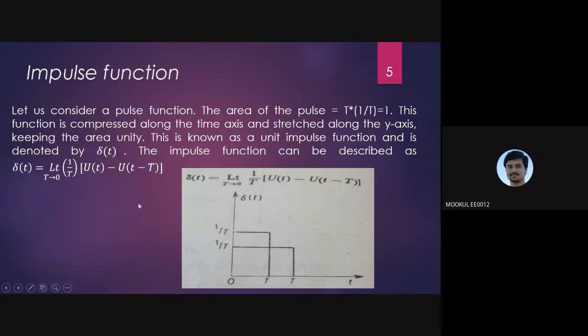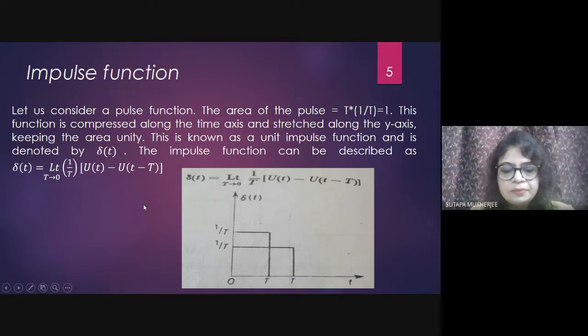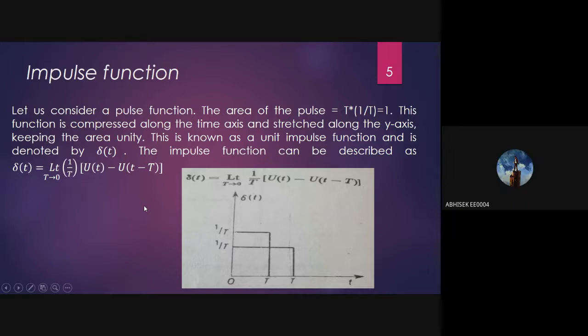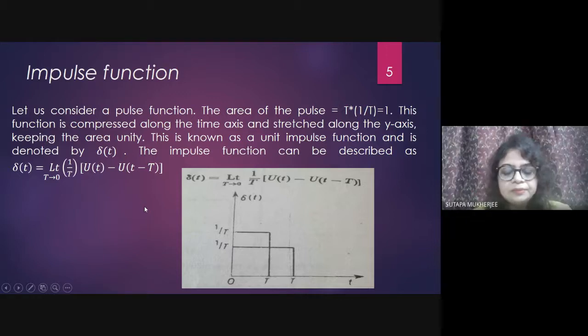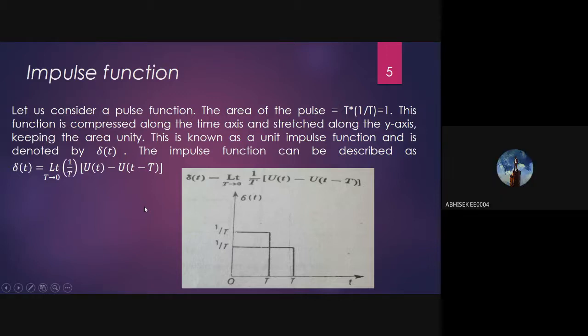Abhishek, is it clear? Can you explain again? Ma'am, the first step function is 1 by T u(t), and the other step function is 1 by T u(t minus T). As the second step function is starting away from the origin, it is written like that, u(t minus T).